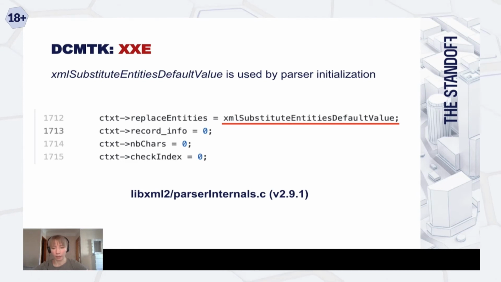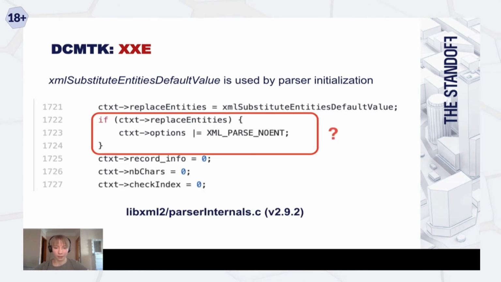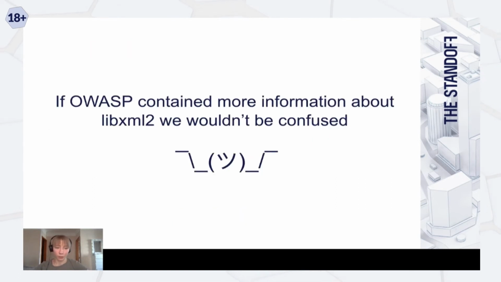On the slide, here we have the source of what the vendor had been using. It is higher than 2.9, and it should have been disabled by default, and this is what happened in my version. It worked in my case, but not with the vendor. A dangerous option was added that made XXE injection possible. I think OWASP has not warned us about being careful with this function either.